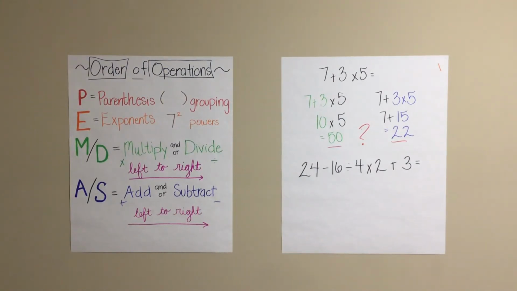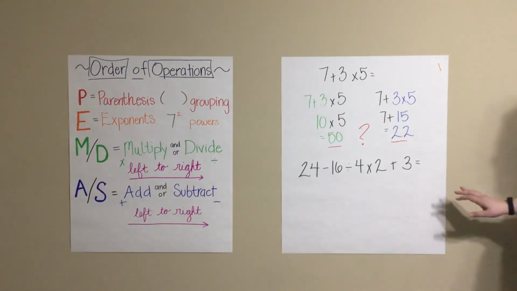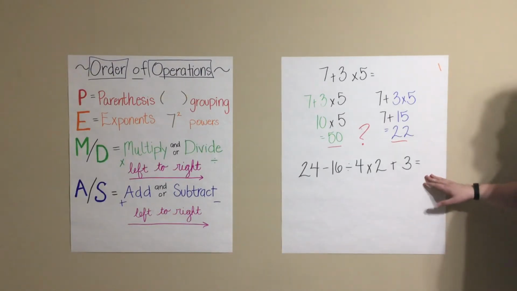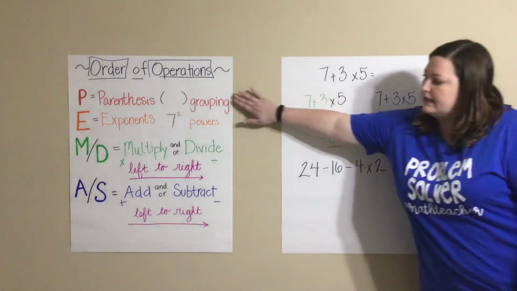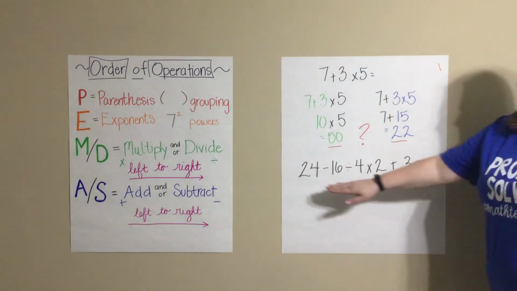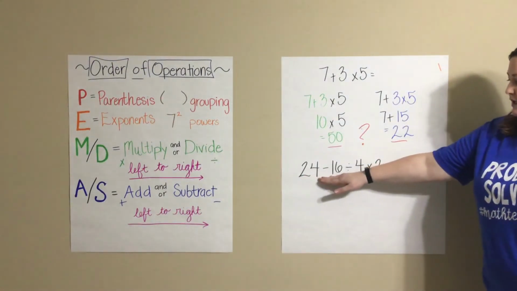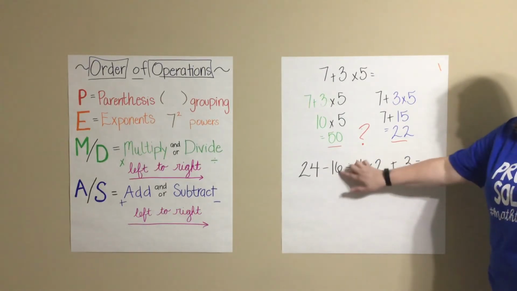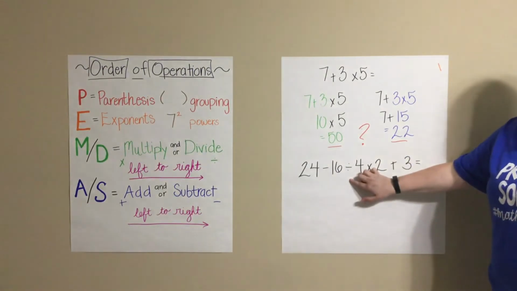Okay, so where in the world do I start? Well, I'm going to look at my order of operations. I don't have any parentheses or exponents. So that means I'm going to move on down to multiplying and dividing, okay? Again, left to right, so I'm going to start here. When I come across a multiplication or division sign, I'm going to go ahead and do that first, okay?